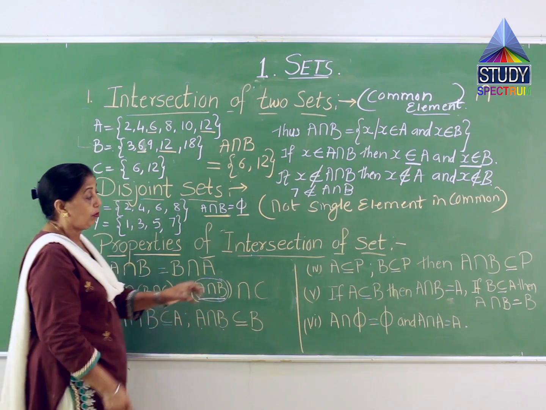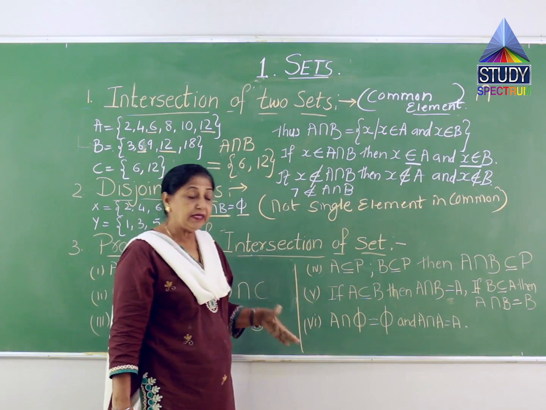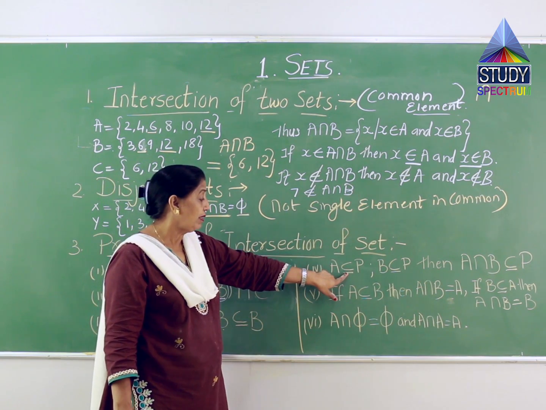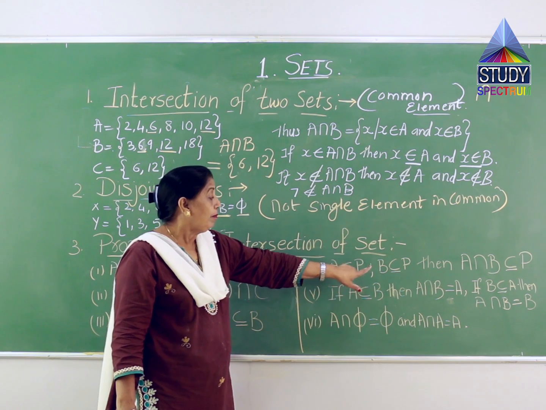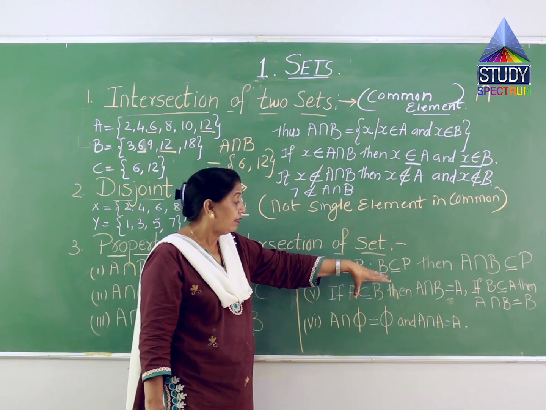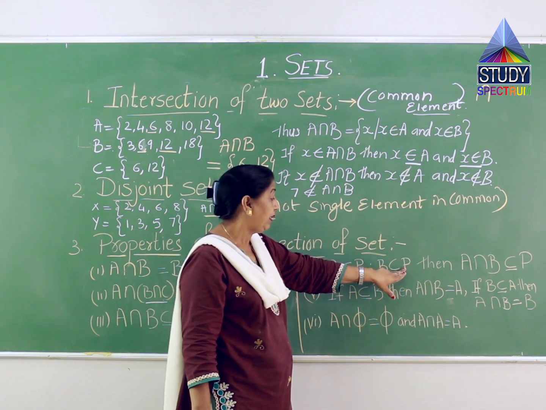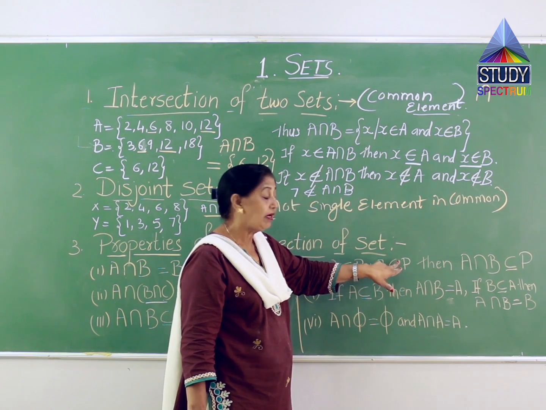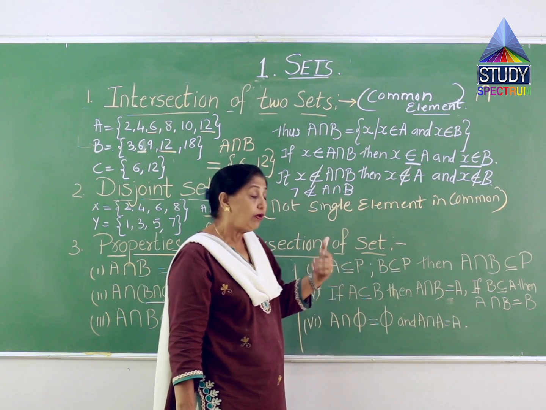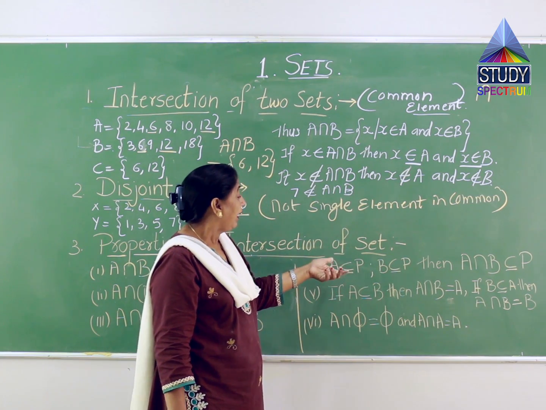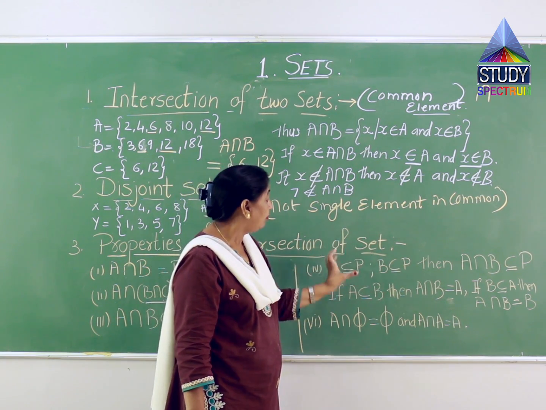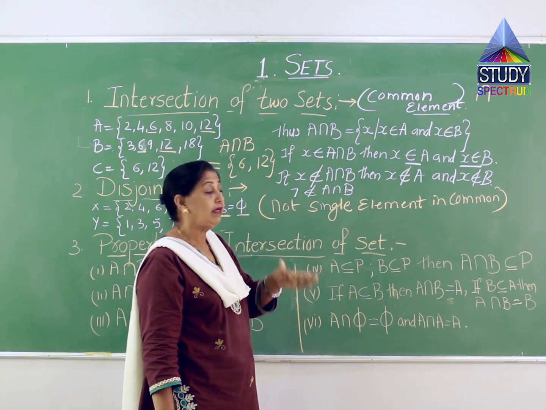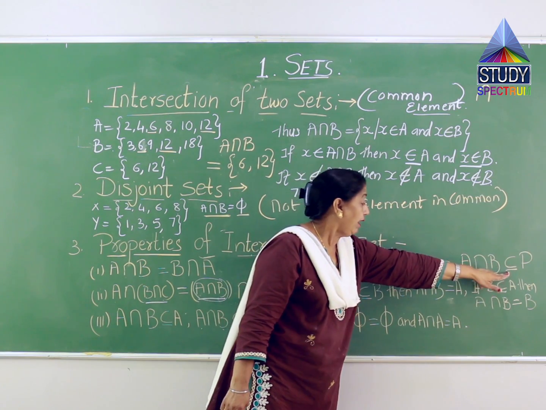The fourth property they have given: if set A is a subset of or equal to P, and another set B is also a subset of or equal to P, then what does it mean? That A intersection B, which has the common elements, is also a subset of or equal to P. Why?